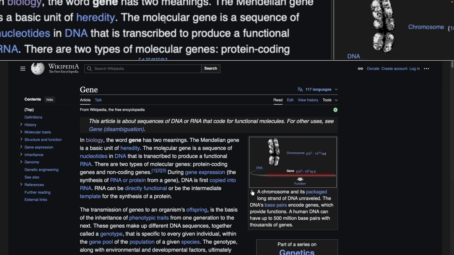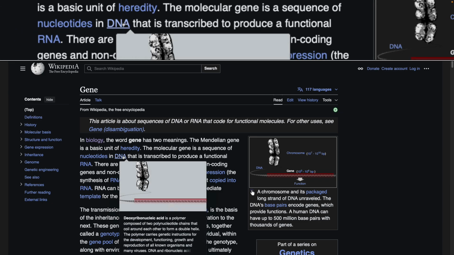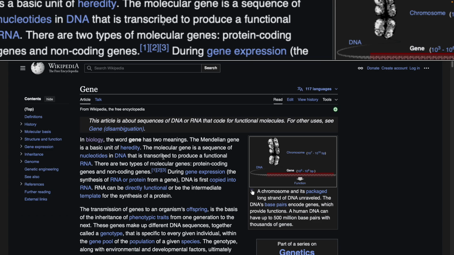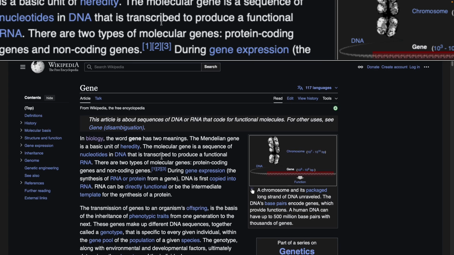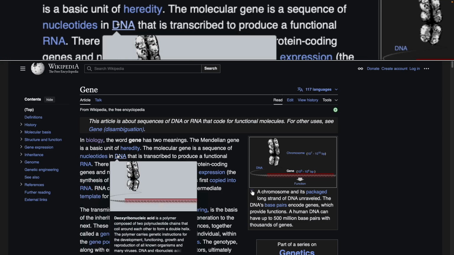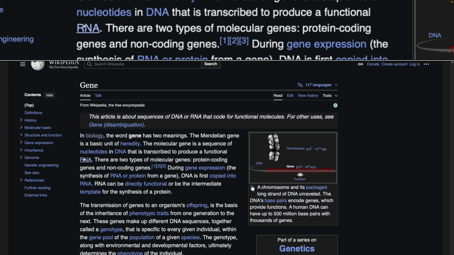is a sequence of nucleotides in DNA that is transcribed to produce a functional RNA. We have a DNA, and we have an RNA.